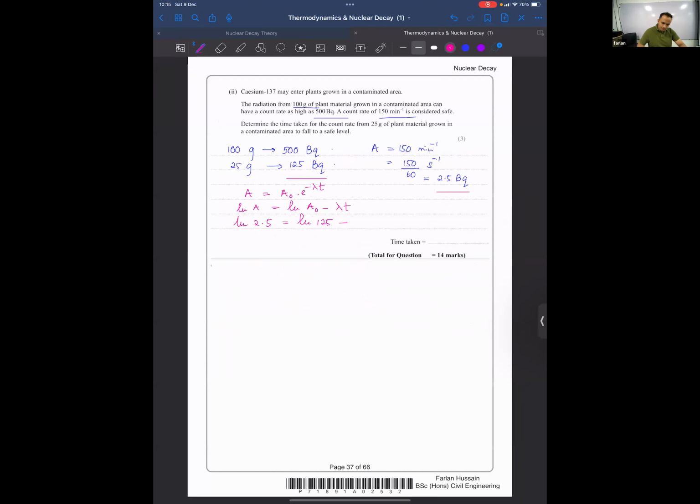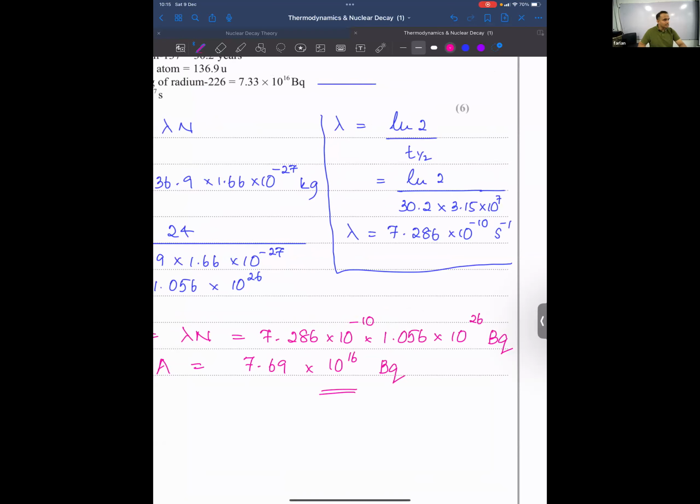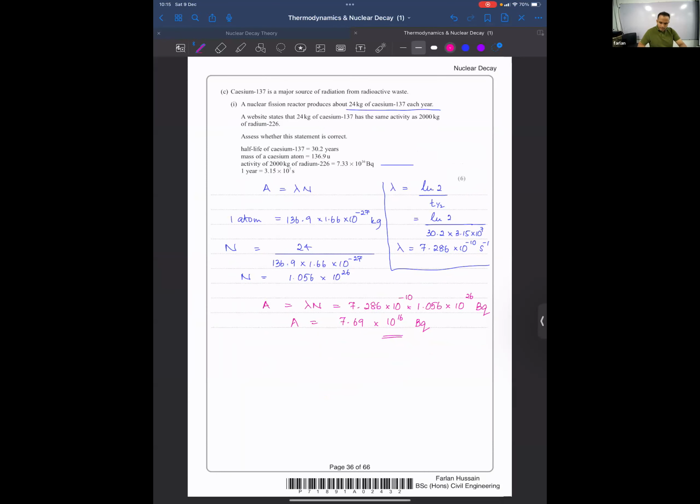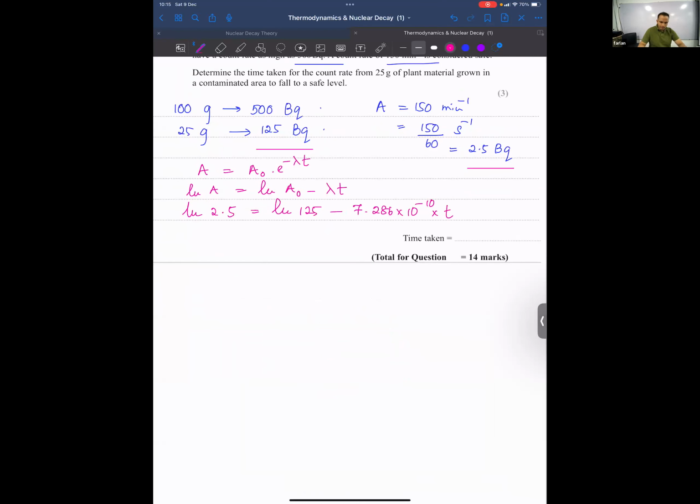What is lambda? We have found lambda in the previous part, which is 7.286 times 10 to the power minus 10 per second. So that t is going to be in seconds because I have taken the lambda value in per second.